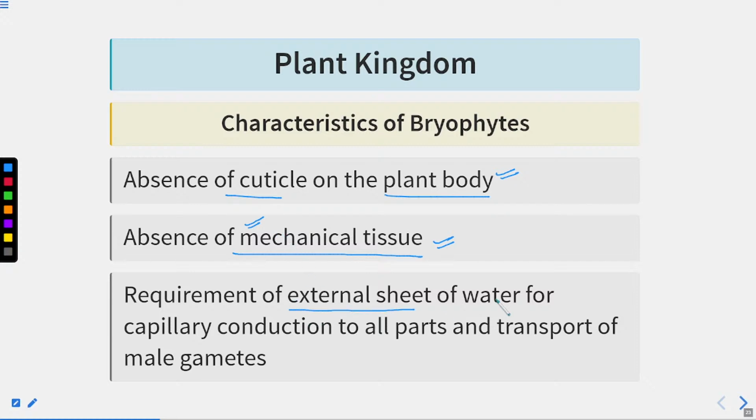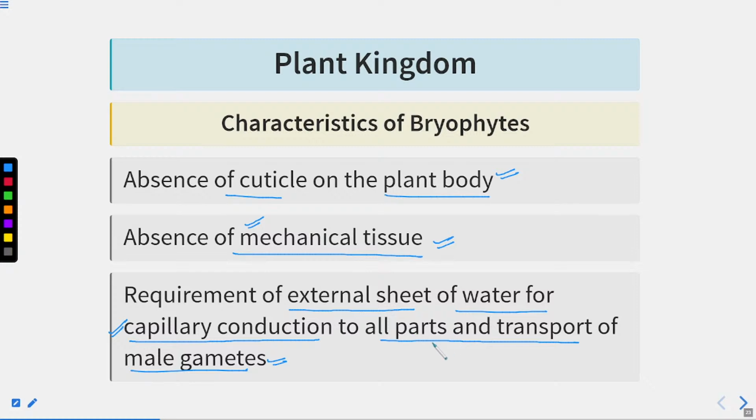Requirement of external sheet of water for capillary conduction to all parts and transport of male gametes. So that is why they require water. Very important. They require water from an external source, and capillary conduction of water is formed, and it reaches all parts.